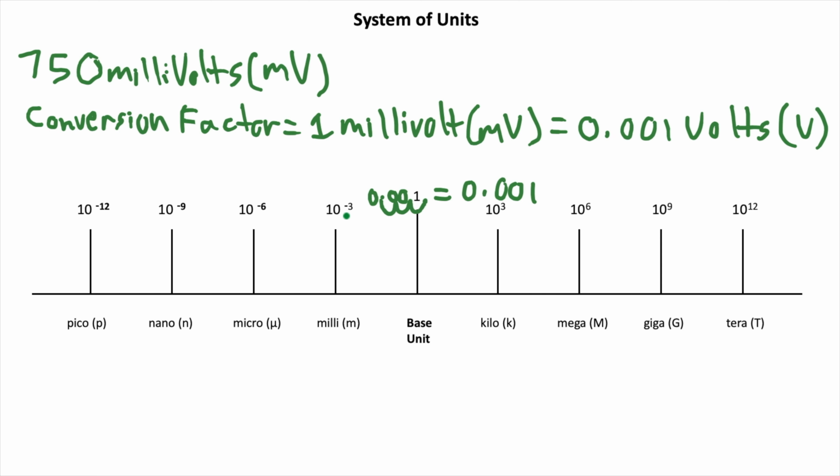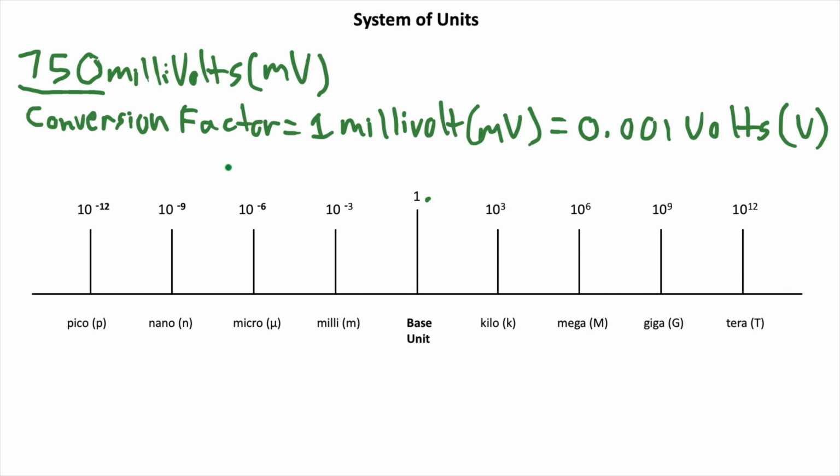If we write out every bit of the calculation, we know how it works now. So intuitively, we can run these calculations like this from now on, moving forward. So we know our conversion factor is 0.001 volts. Now all we do is multiply our significant value, our significant measure here, by our conversion factor, which is 0.001.